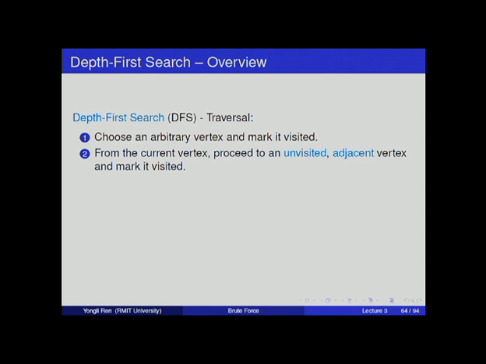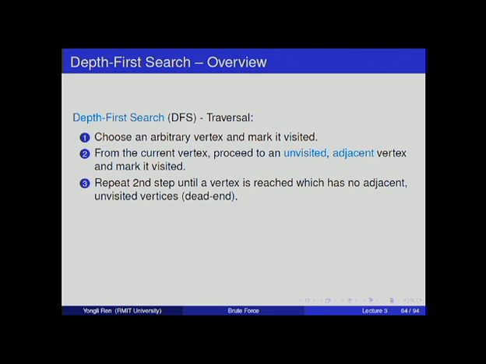So we choose an arbitrary vertex and then mark it as visited. And then the point here is from the next move, what you actually do is you proceed to an unvisited but adjacent vertex and make it visited, from A to B. And after that, you repeat this step. Every time you will pick up an unvisited adjacent vertex of your current node. So that is depth first.